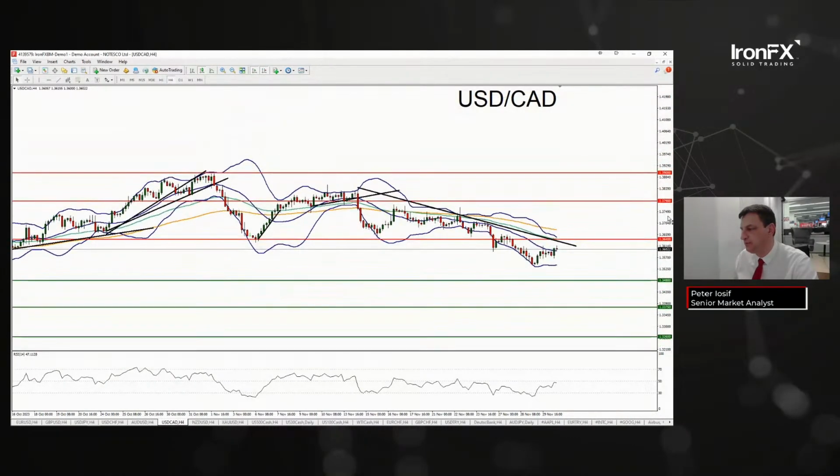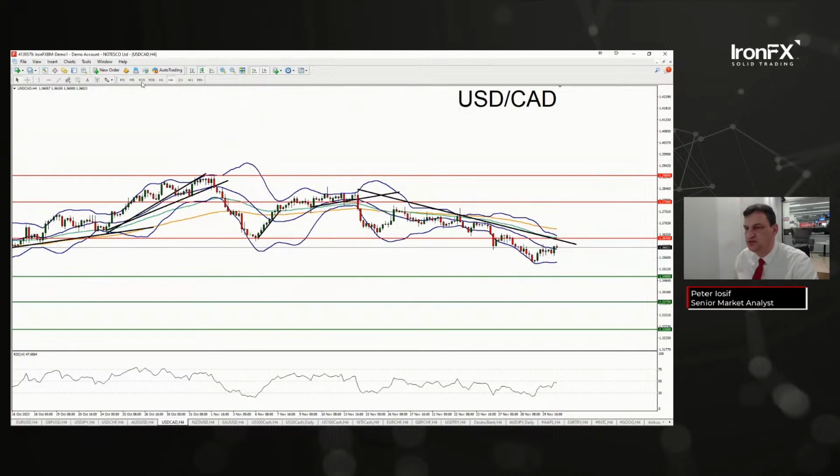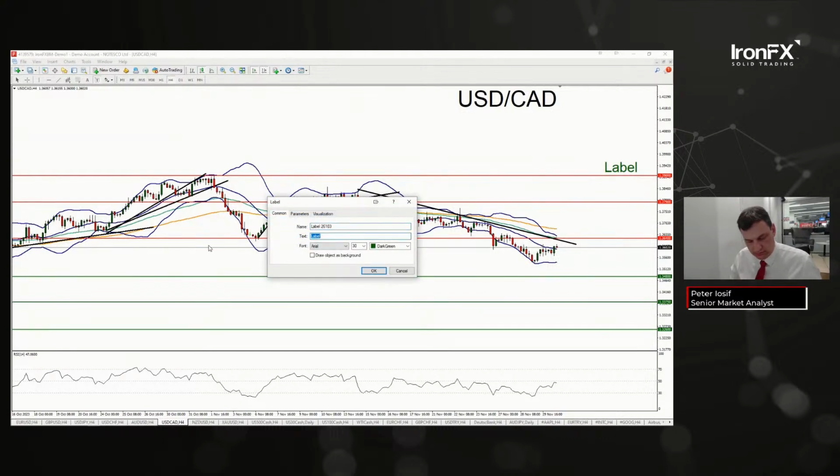Let's place some labels here. Starting with the R3, which is being placed at 1.39. In red.